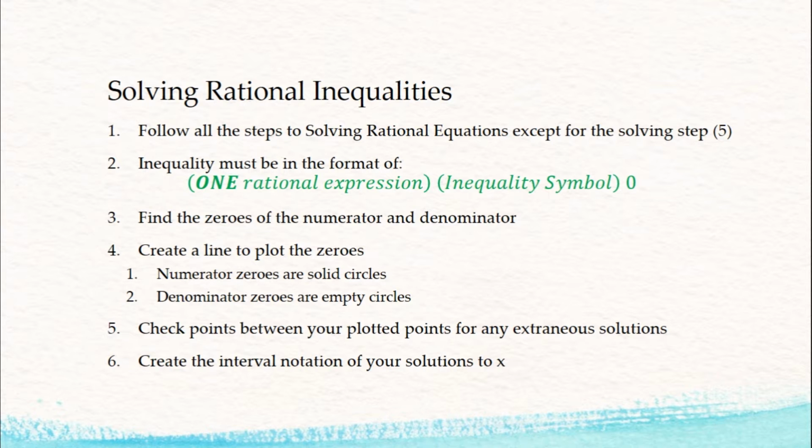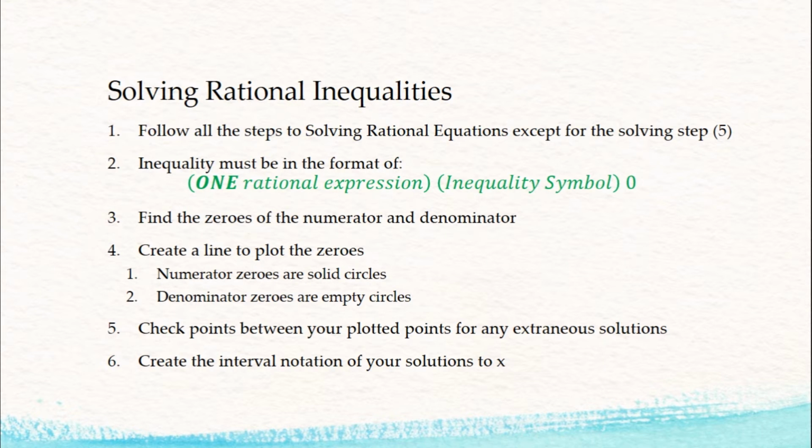And then for solving rational inequalities, for the sake of time, I'm going to be really fast on this. You want to follow almost all the steps for solving rational equations, except you're going to have to form an inequality with one rational expression, then the inequality symbol, and then 0 on the other side. You're going to find the zeros in the numerator and the denominator, and then create a number line to plot the zeros.